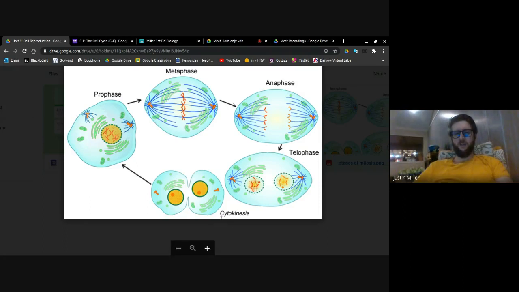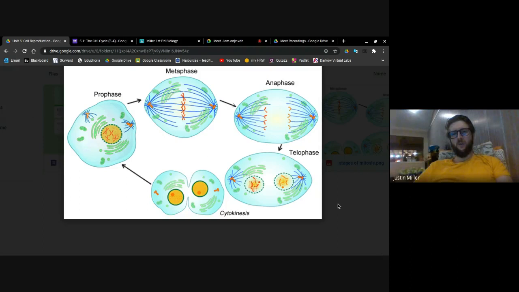And that's called cytokinesis, where the cell actually gets cut right in half and separated into two cells. Each of those two are called daughter cells. So each of these daughter cells will now look like this.